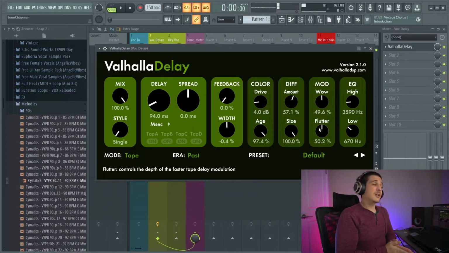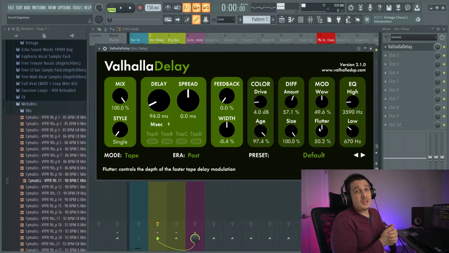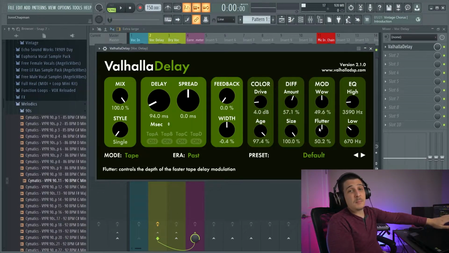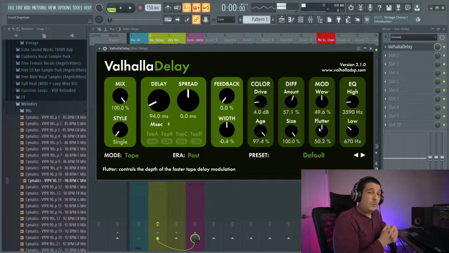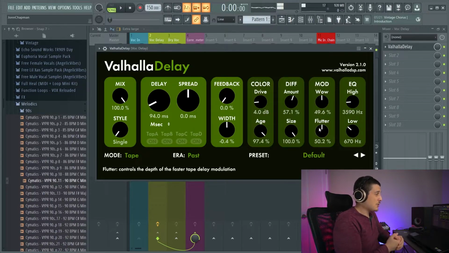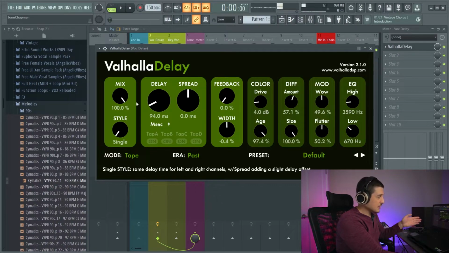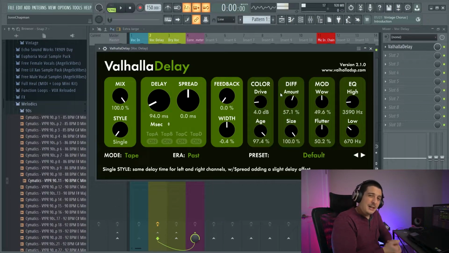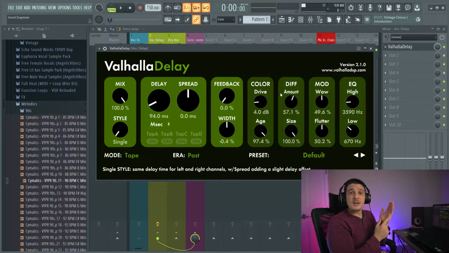Wow and flutter is something that you're going to see a lot, and it's usually going to be represented as a mod or modulation. And wow and flutter are actually going to modulate our delay time or the speed of the playback. Because what would happen when tape would play and run around, like I was telling you about to give context, is the machine and the mechanisms wouldn't always pull the tape at the same exact pace.